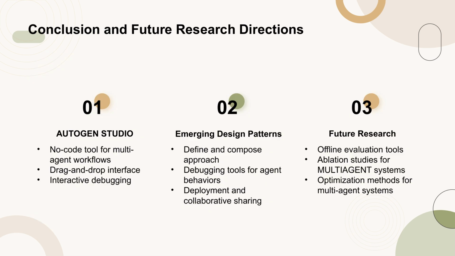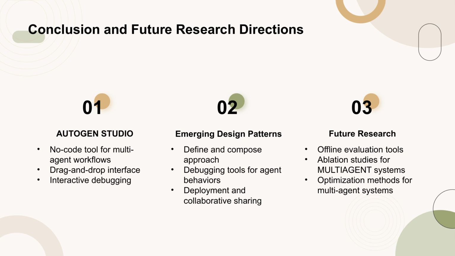In this paper, the authors introduced AUTOGEN Studio, a no-code developer tool designed for rapid prototyping, debugging, and evaluation of multi-agent workflows. Key features of AUTOGEN Studio include a drag-and-drop interface for composing agent workflows, interactive debugging capabilities, and a gallery of reusable agent components.